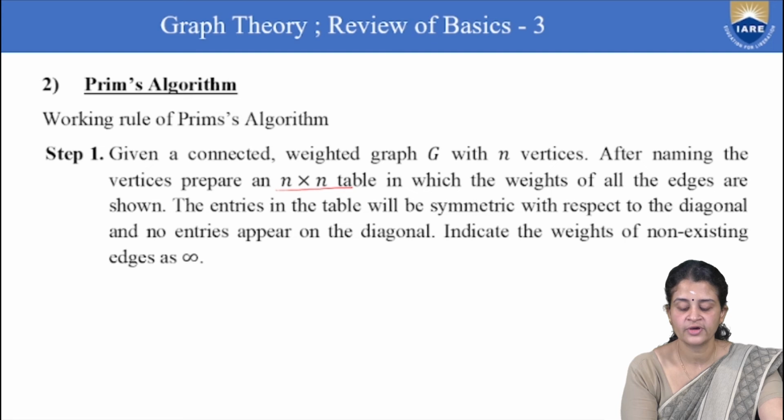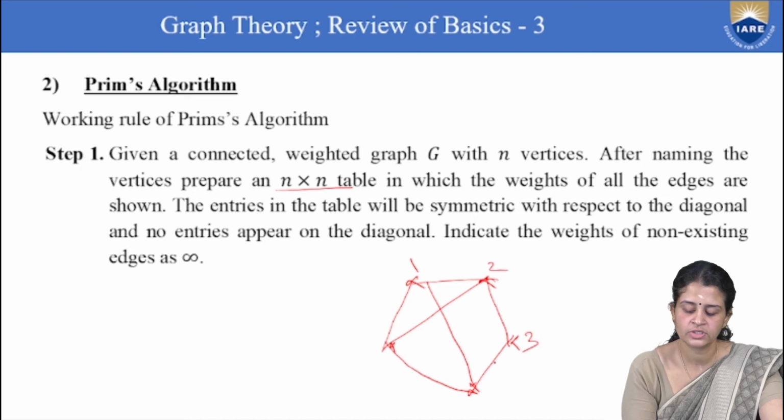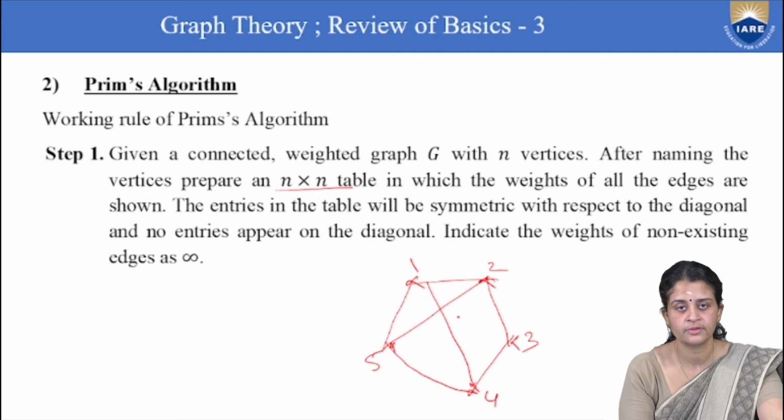That is, if we are given a graph with 5 vertices, 1, 2, 3, 4, 5, we have to make a 5 by 5 table.